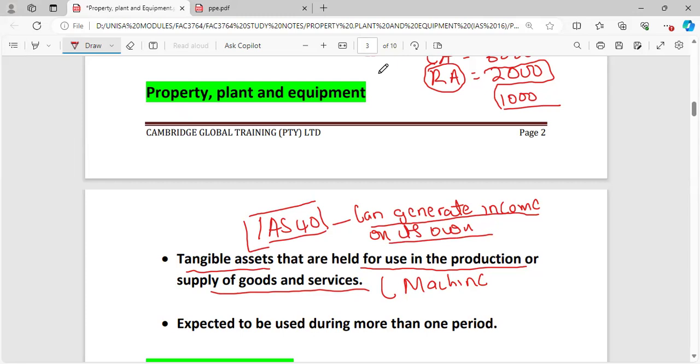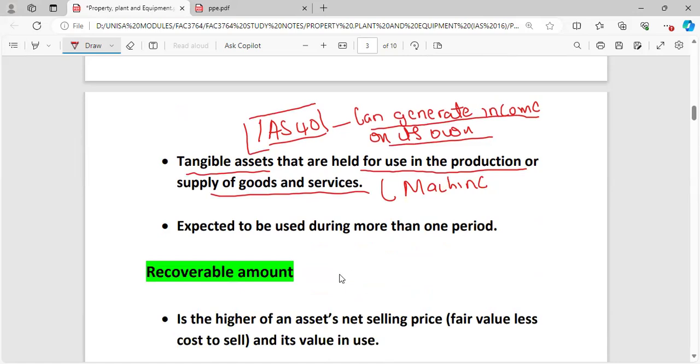Right. Then we also have this part of PPE. In some of the questions, they will give you things like spare parts of a machine. If the spare parts can only be used in less than one financial period, then it means it's not going to be part of PPE.